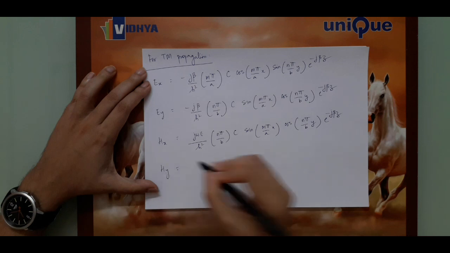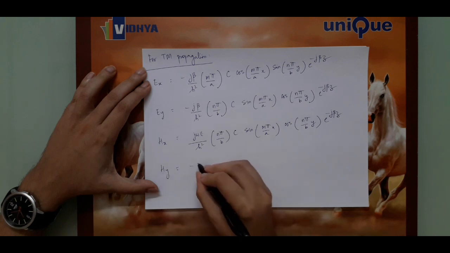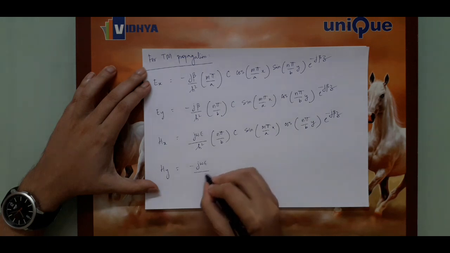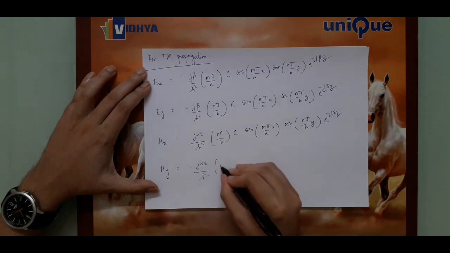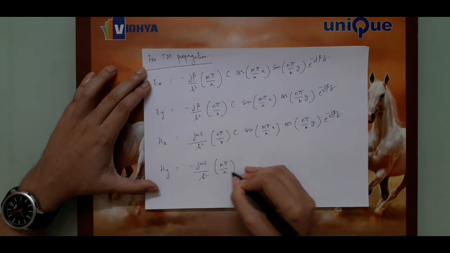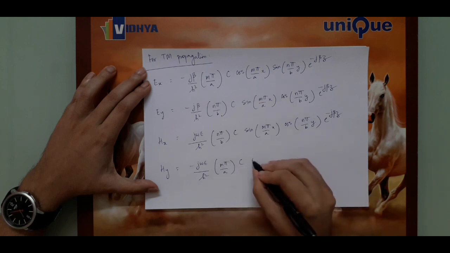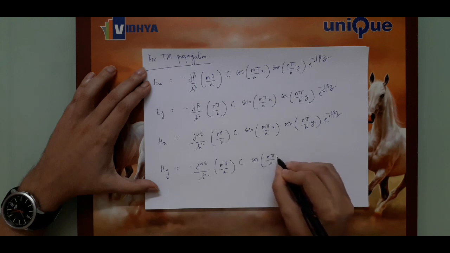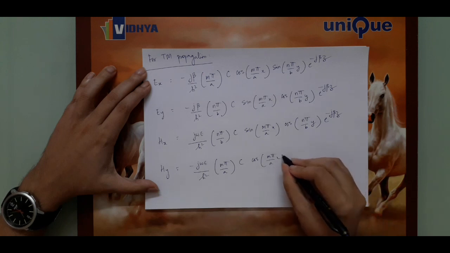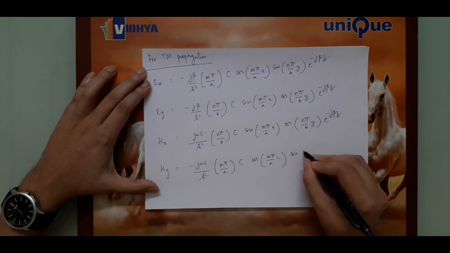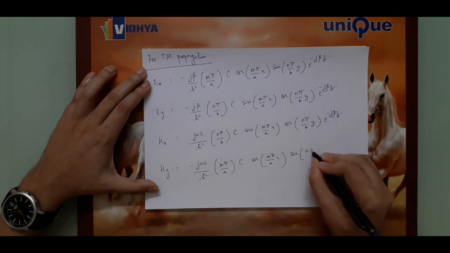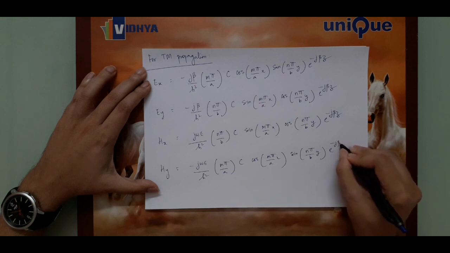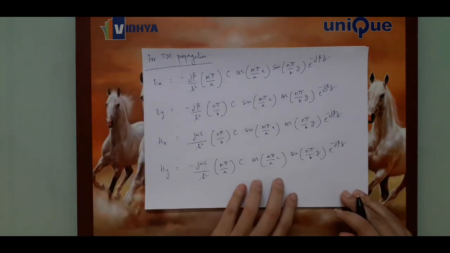And finally Hy will be minus j omega epsilon by h square m pi by a times C times cos m pi by a x sine n pi by b y e raised to minus j beta z.